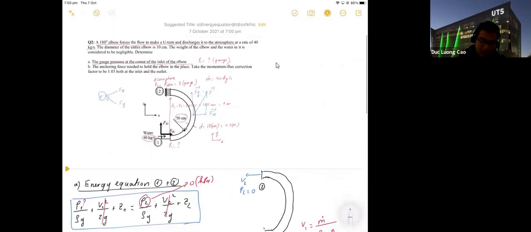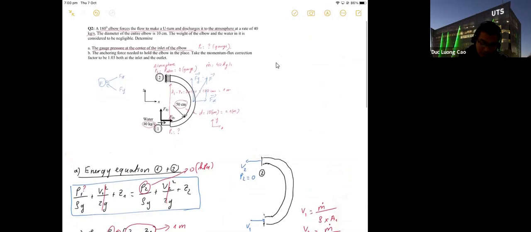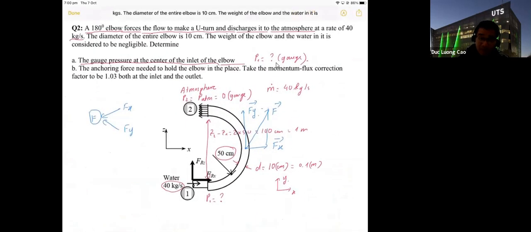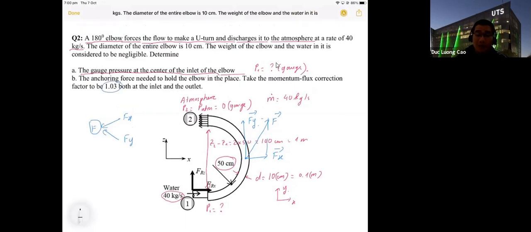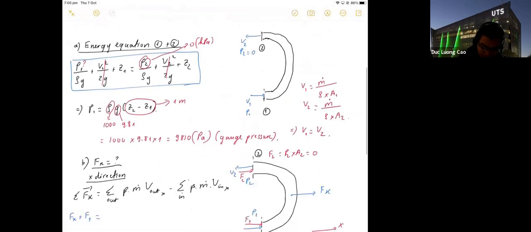Oh, maybe because you use beta is 1. The results are different here. The beta in this question is 1.03. Maybe you use beta is 1. Oh yeah. So if the question mentions the momentum flux correction factor, you have to use this one. Okay, so this one is 1.03.